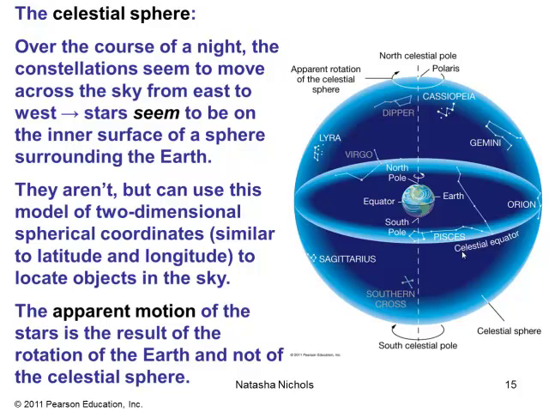The apparent motion of the stars, and I'm saying apparent to differentiate it from true or real motion, is the result of the rotation of the Earth and not of the celestial sphere. Constellations seem to move across the sky from east to west. They seem to move, so there is an apparent motion of the stars. And again, this is due to the rotation of the Earth.